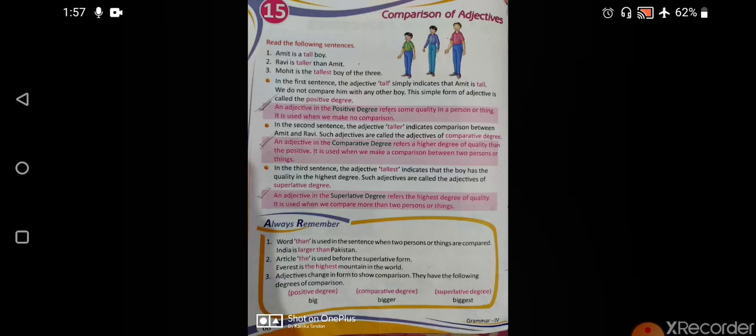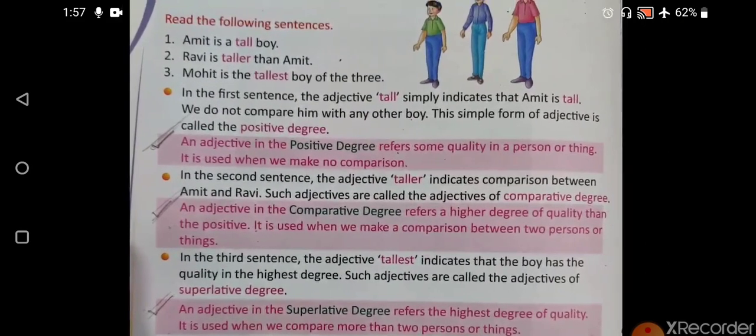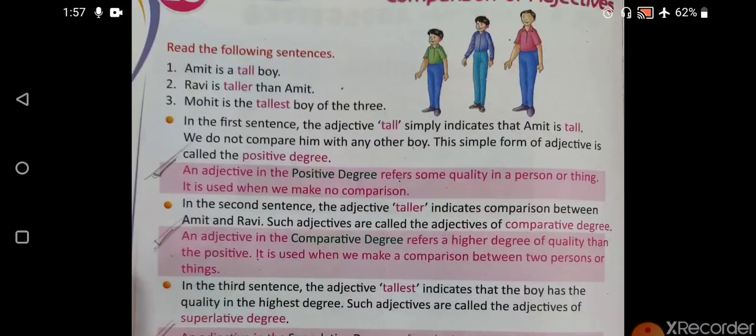In this sentence there is no comparison made. It is just a proper statement. So in the sentence Archana is a beautiful girl, what is the positive degree? Beautiful. Exactly. This is the adjective that we are adding to the noun, and the noun is Archana.